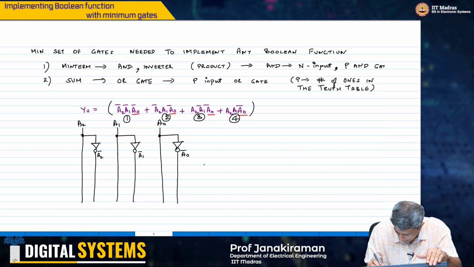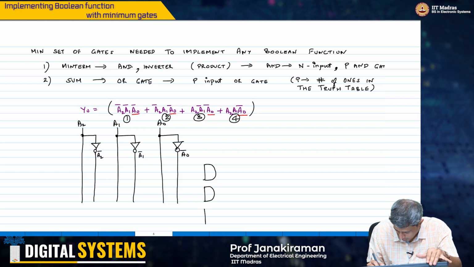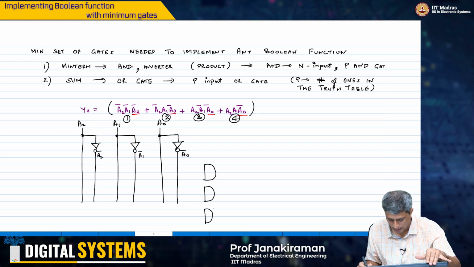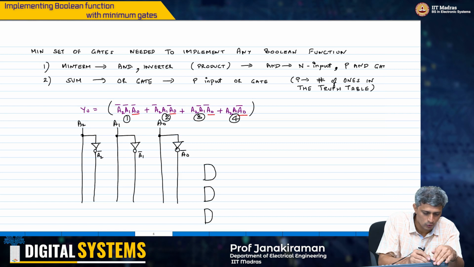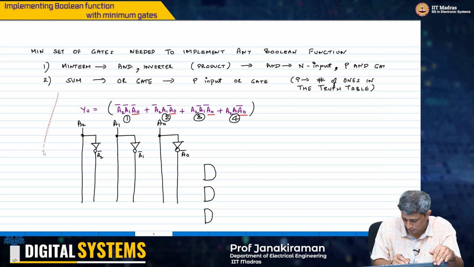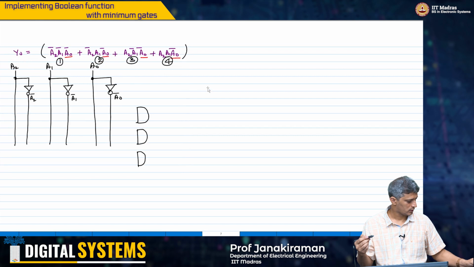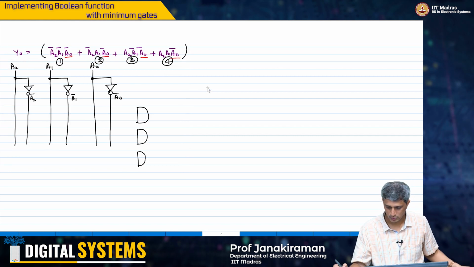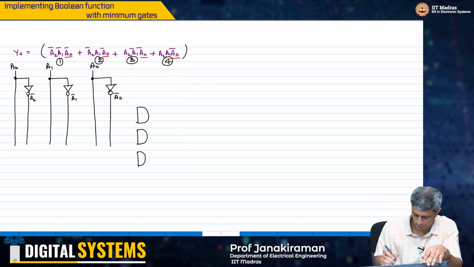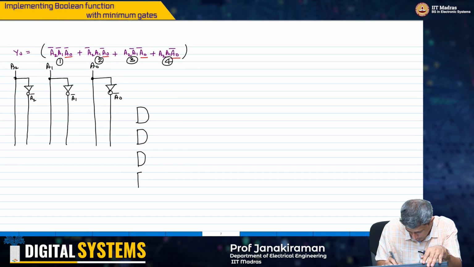So I have 4 AND gates. Okay, 1, 2, 3, and I don't have space, so I may have to copy the whole thing and go to the next page. Okay, so let me do this. Okay, so I am now here. I have the 4th AND gate.